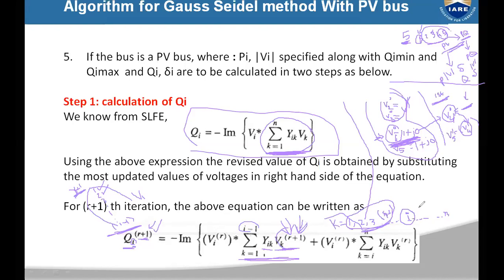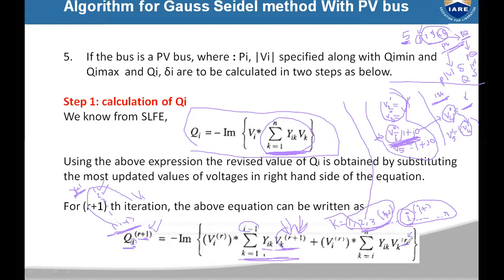Next, suppose we take i plus 1. After i, you have updated the values up to i, but you have not updated the i to n values. So here you have to use the previous iteration values. The previous iteration is the rth iteration.